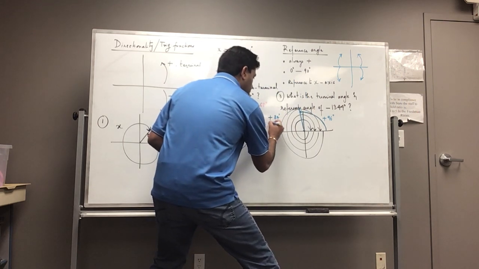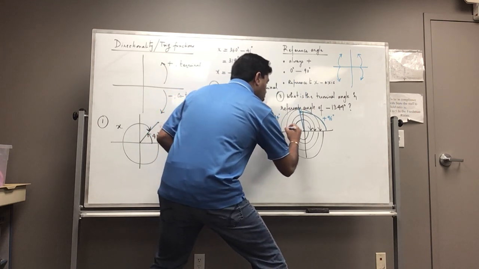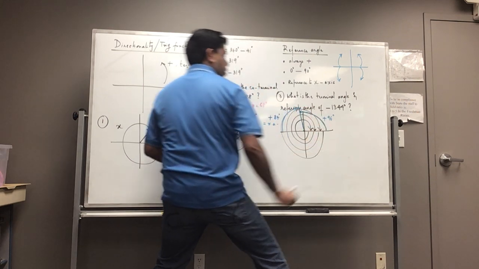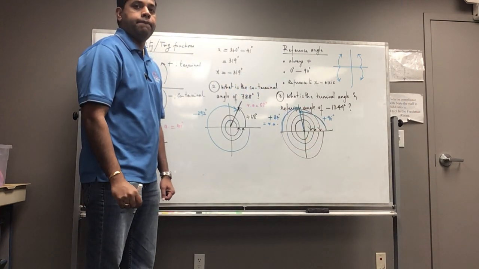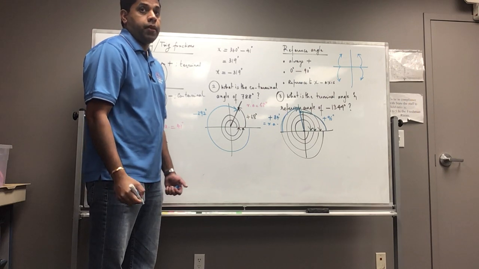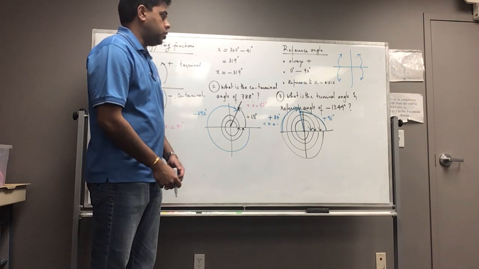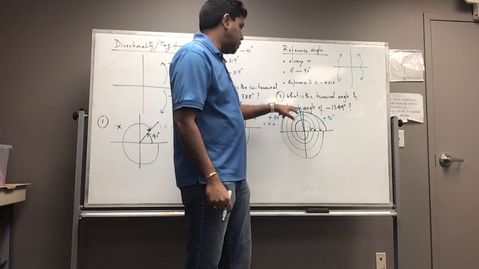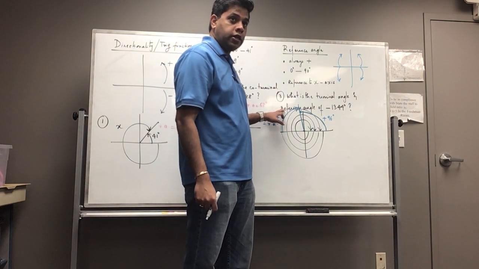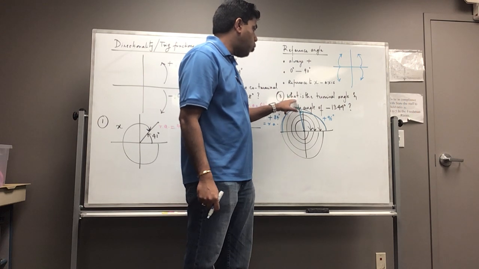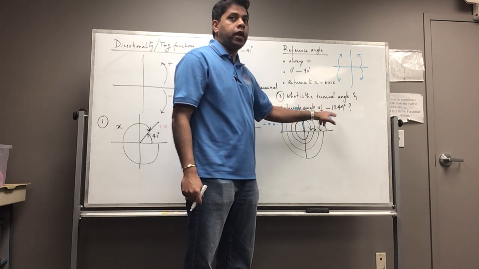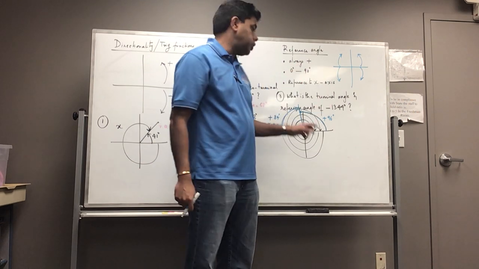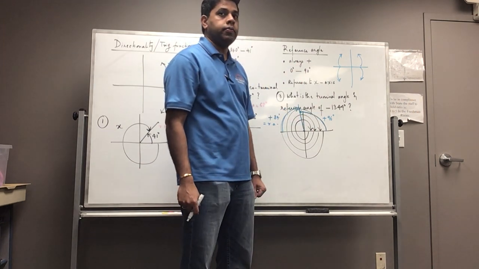The reference angle is this one right here, because it is from the second quadrant. Make sense? This was an ACT question. I just included the reference angle as an extra, but the question was, what is the terminal angle of negative 1,344 degrees? This is how the question was given. I just added the reference angle to it.